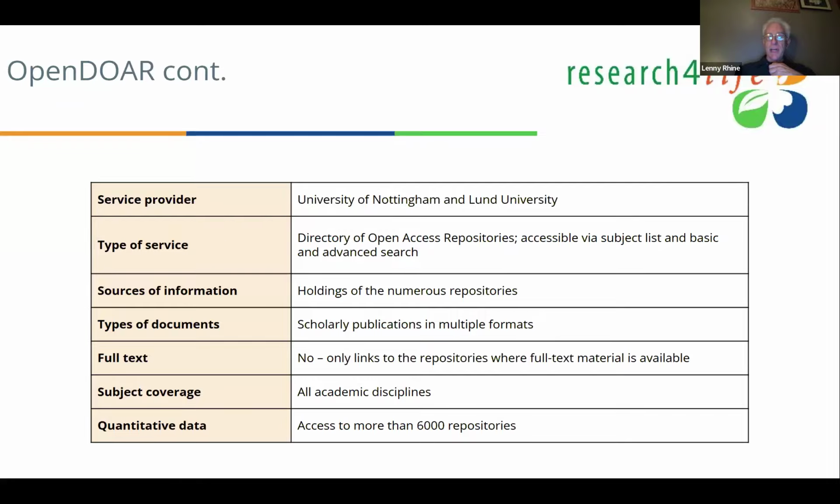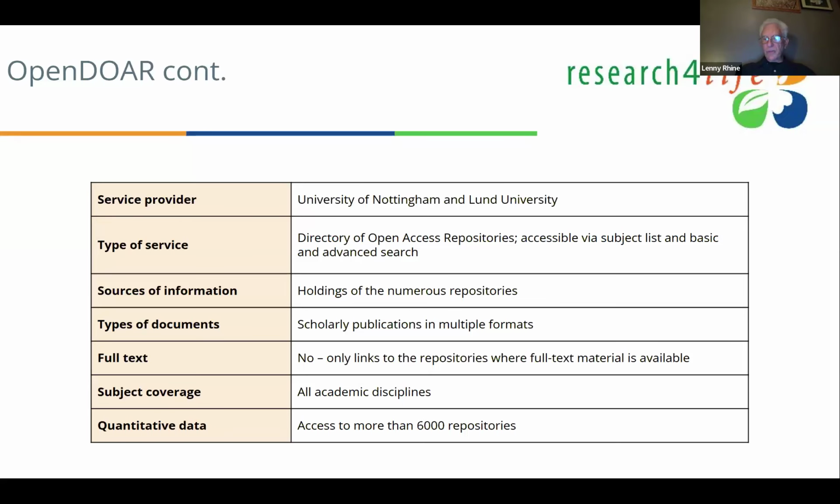Okay, scholarly publications in multiple formats, all academic disciplines, access to more than 6,000 repositories. That's another one. If you think these are useful for your research or colleagues' research or students' research, you go and view these databases and see what kind of resources they give you. Again, these are outside of Research for Life.